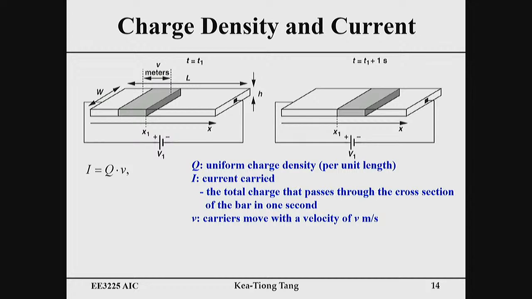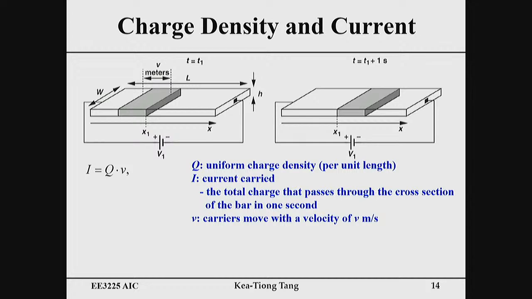This is the definition of a current. For a unit time, the unit could be a second, how much coulomb can flow within a unit time. This is the definition of current, and the unit of current is amp.